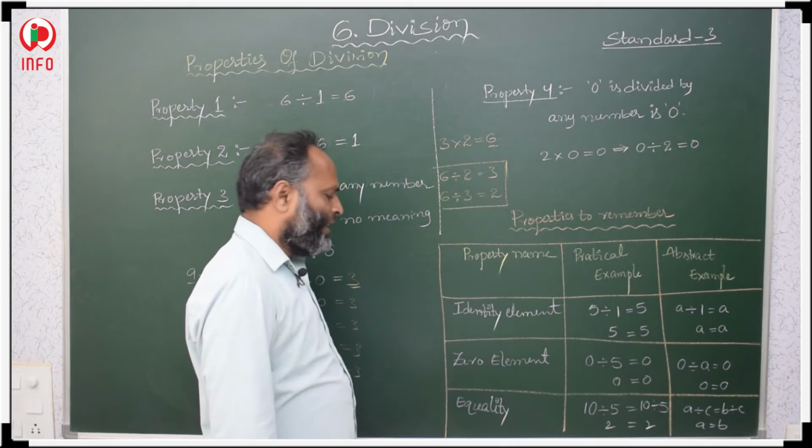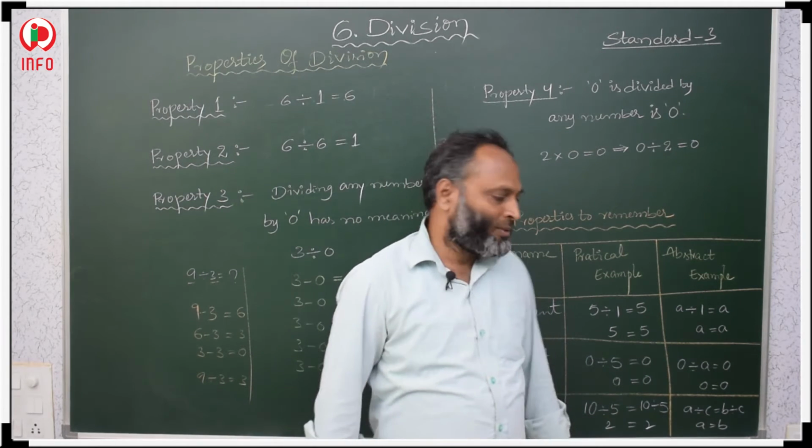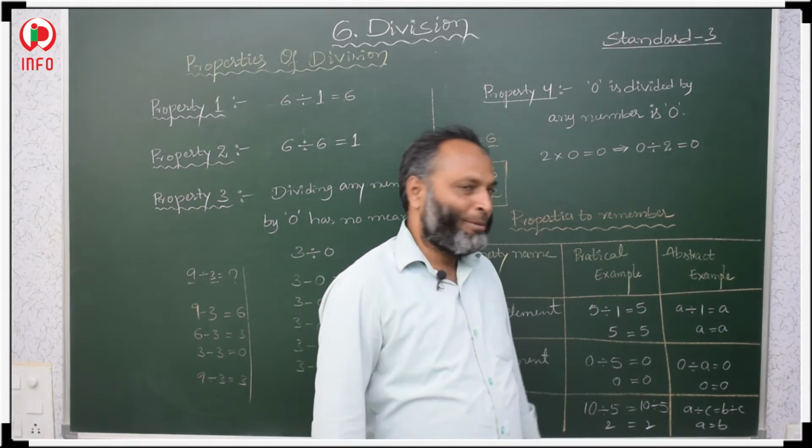Now equality. We know that 10 divided by 5 is equal to 10 divided by 5, both are equal.